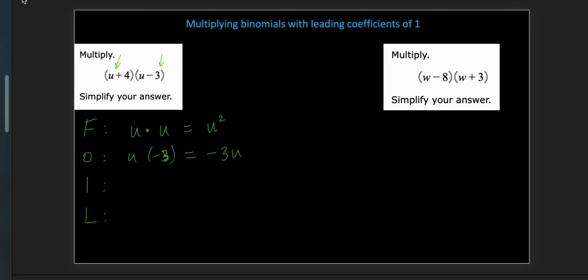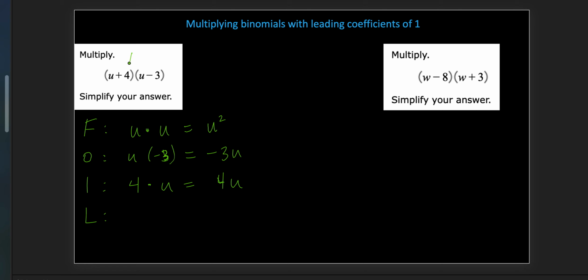I is for inner. And so I'm going to erase those arrows, and the inner positions are right here. So that's 4 times u, which is 4u. Okay, L is for last.